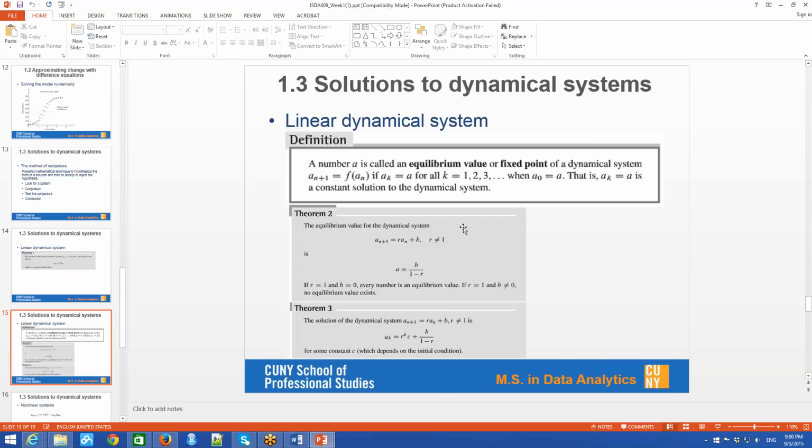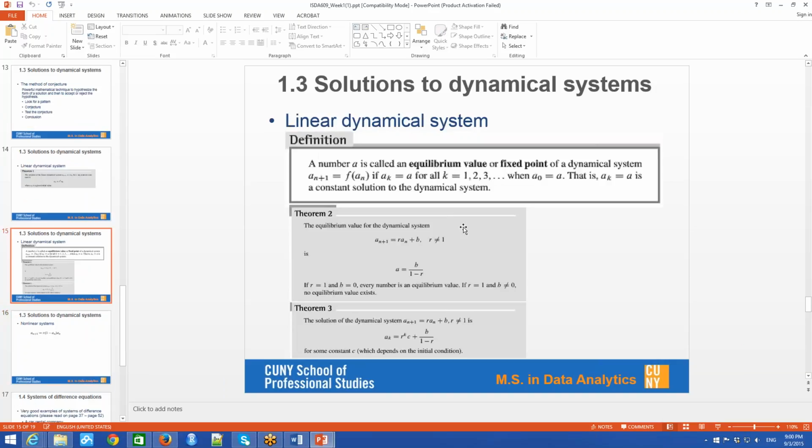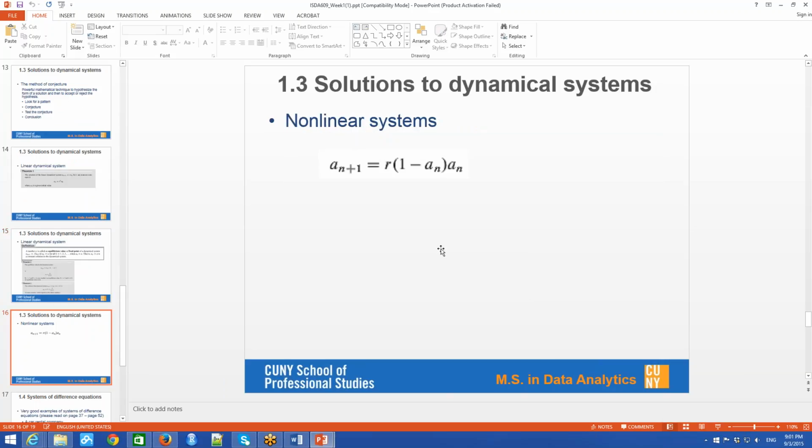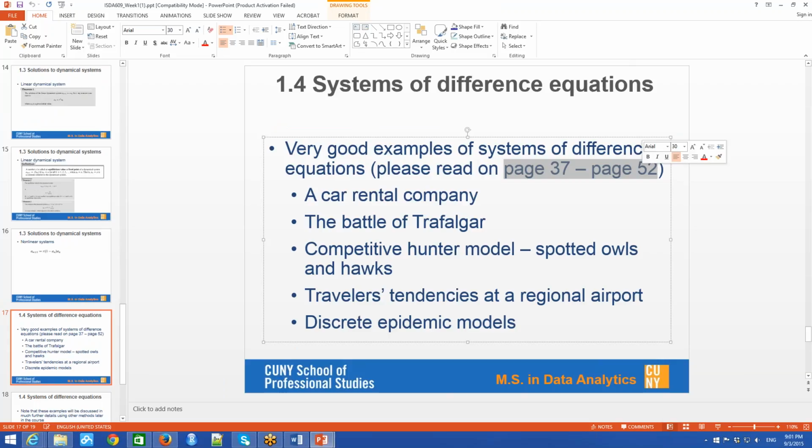How to model linear dynamical problems, and also nonlinear problems. The difference is that for linear, the relationship is really linear, but for nonlinear you have AN squared: AN+1 is a function of AN squared. That's nonlinear systems. And for systems, there are very good examples of systems of difference equations on page 37 to page 52.